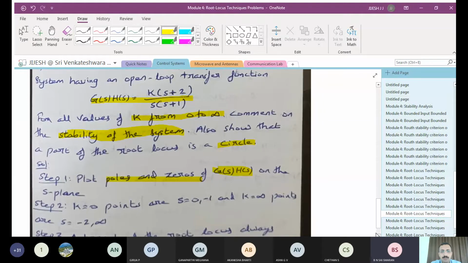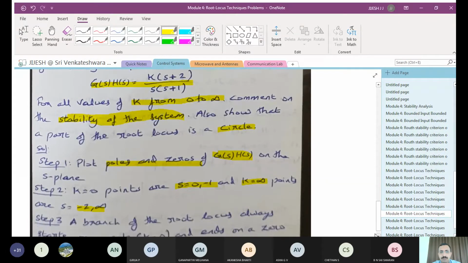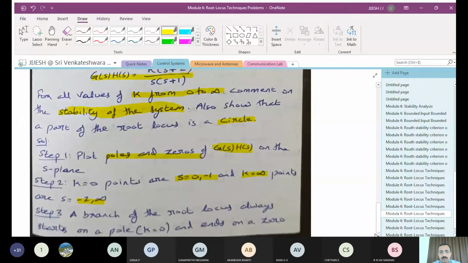Yes. At K = 0, the points are s = 0 and s = -1, and at K = infinity, the points are s = -2 and infinity. So you have two poles and one zero. You can write down step 1, step 2 and step 3.